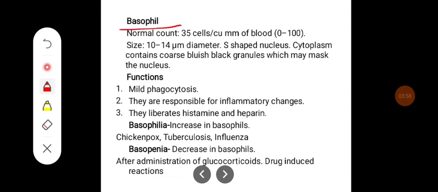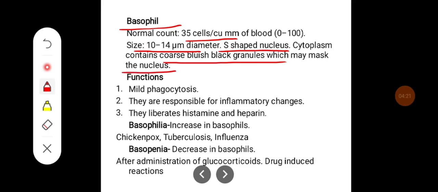Basophil normal count is around 35 cells per cubic millimeter of blood, can range from 0 to 100. Size is 10 to 14 microns, slightly smaller than the neutrophil. There is an S-shaped nucleus. Cytoplasm contains coarse bluish black granules which may mask the nucleus sometimes.